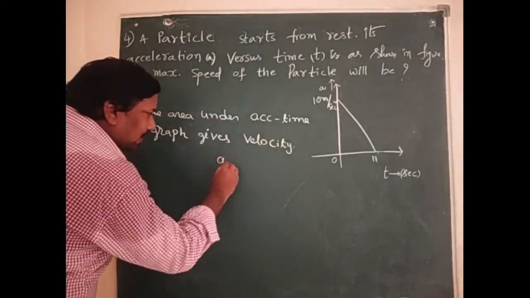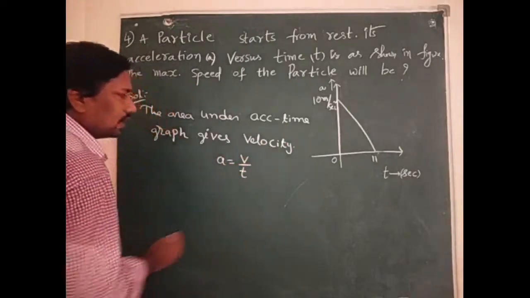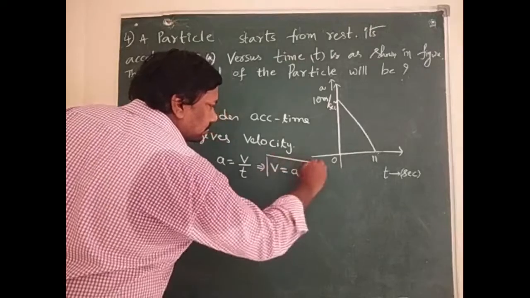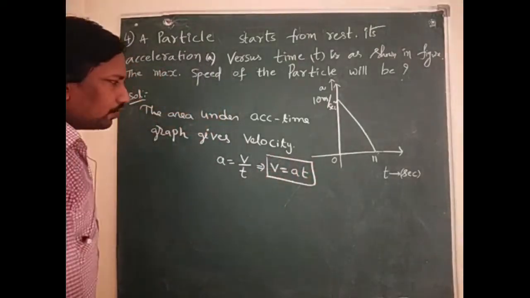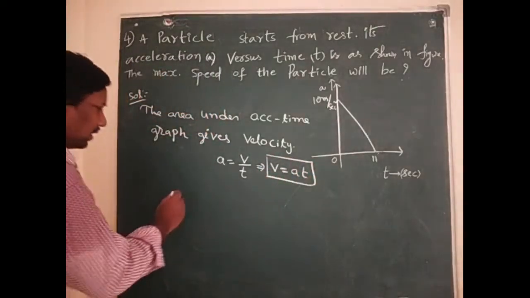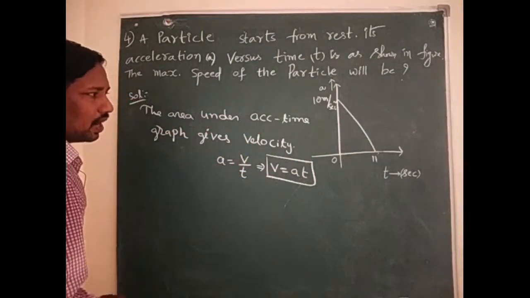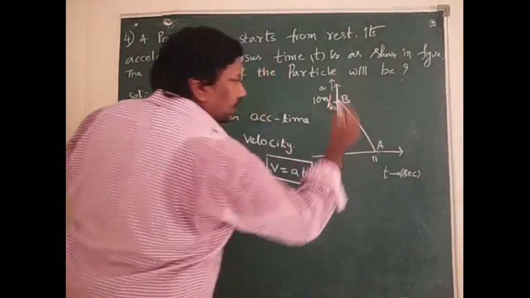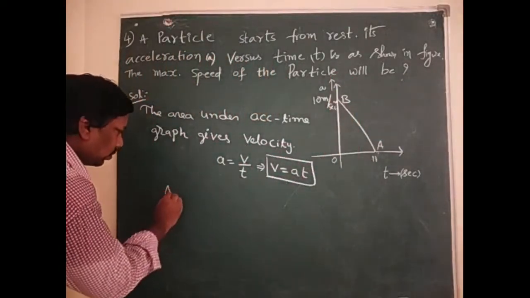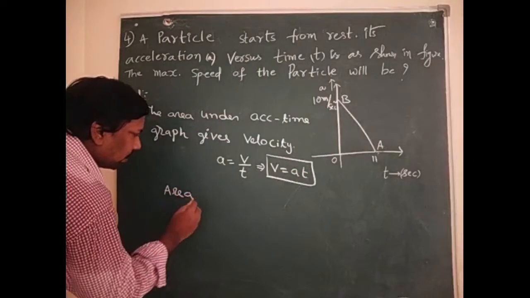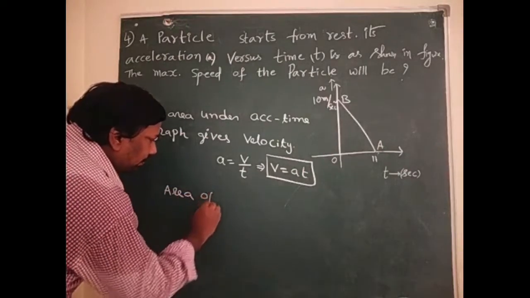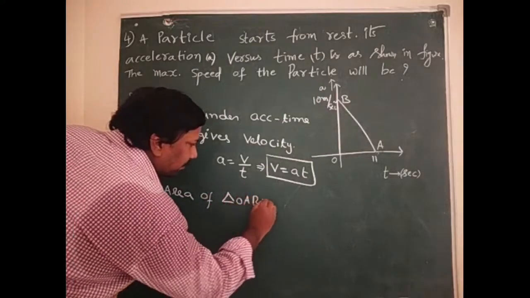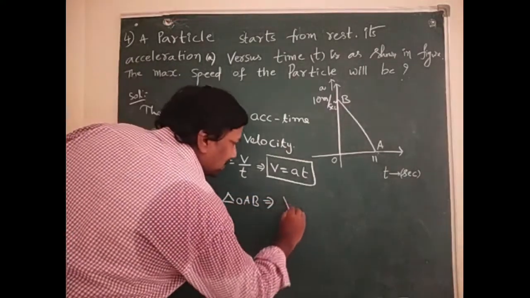So here acceleration a equal to b by t, that means v equal to a into t. So here we can find the maximum velocity, that means area under the right angle triangle OAB gives velocity.